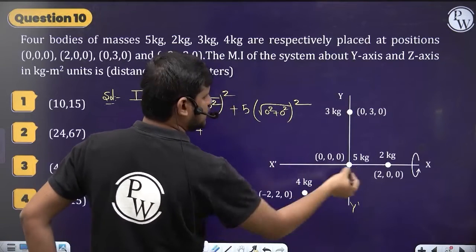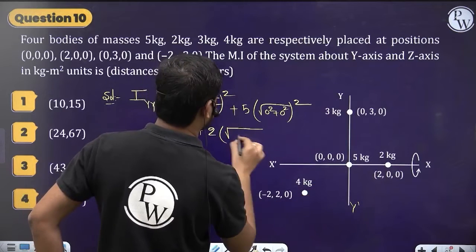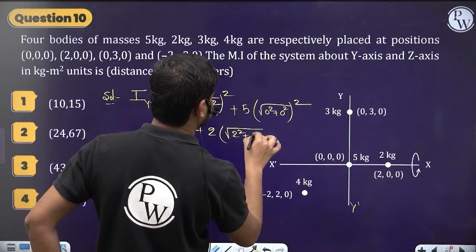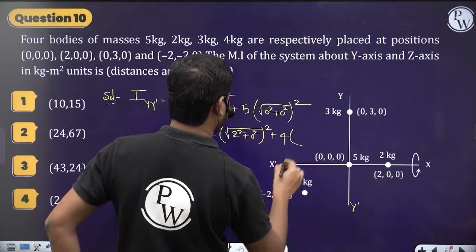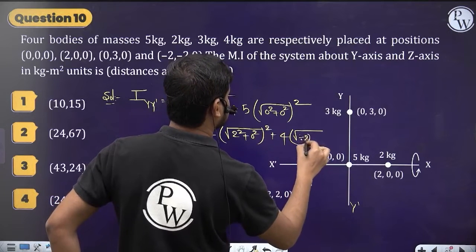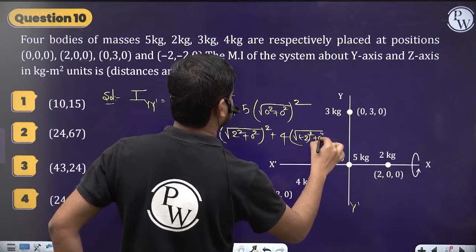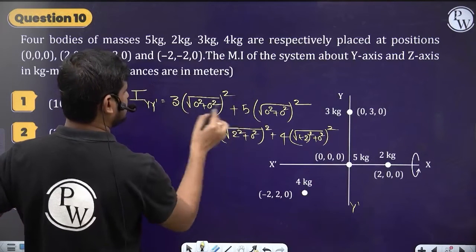Plus the 2 kg block, 2 into square root of x square 2 square plus z square 0 square, whole square. Then the 4 kg block, 4 into square root of x square minus 2 whole square plus z, which is 0 square, whole square.